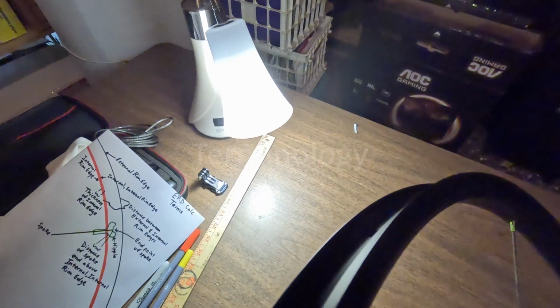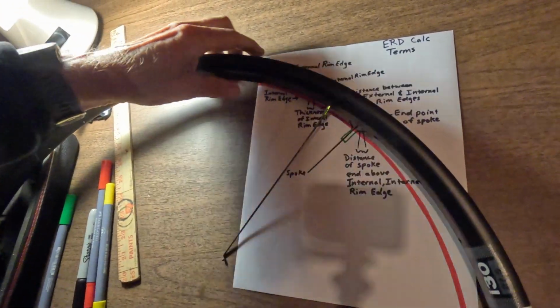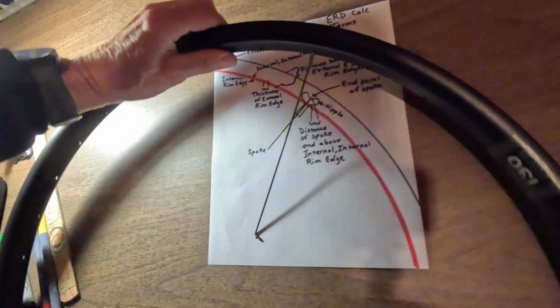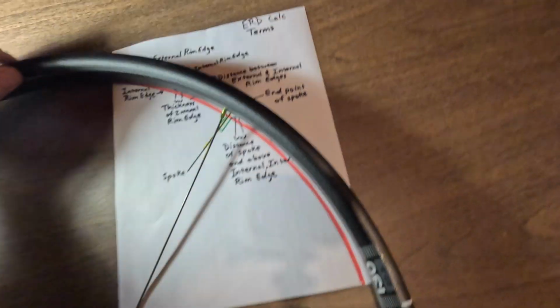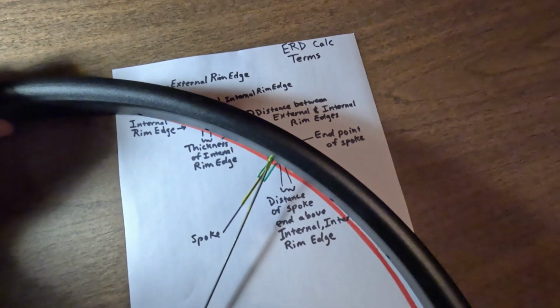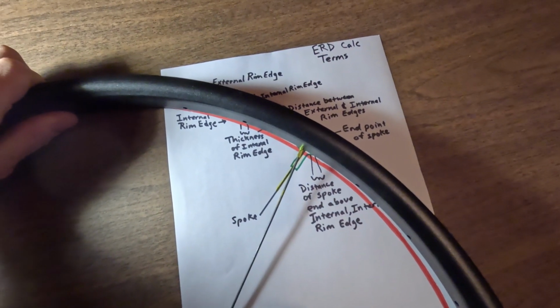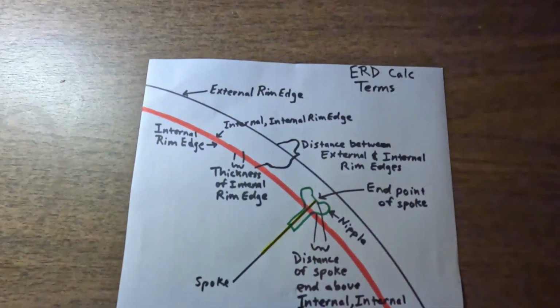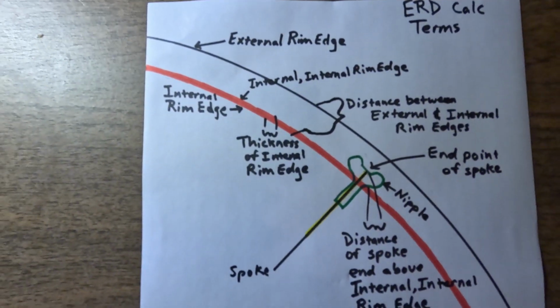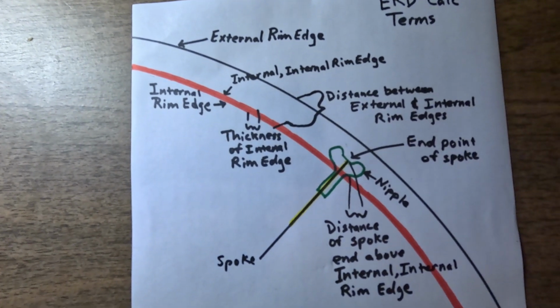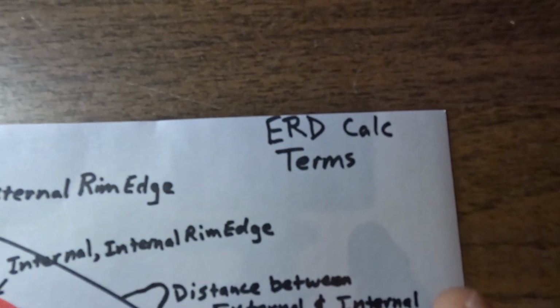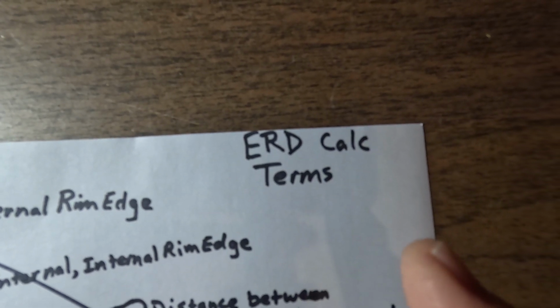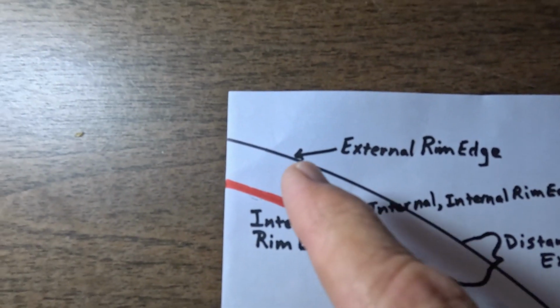And then I've laid the rim on a sheet of paper, and outlined the rim and the nipple and the spoke on this sheet of paper. And on this sheet of paper, I have the terms that I'm going to be referring to as we talk about this calculation. So these would be the ERD calculation terms.